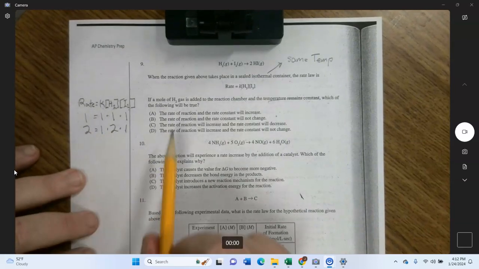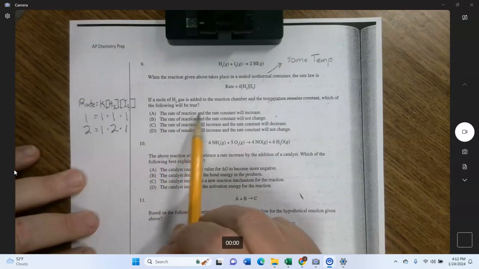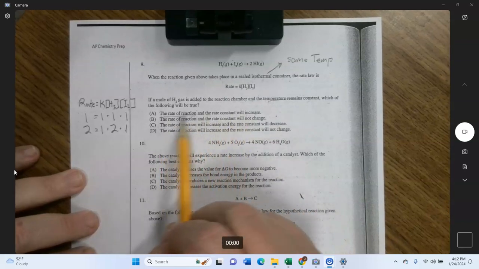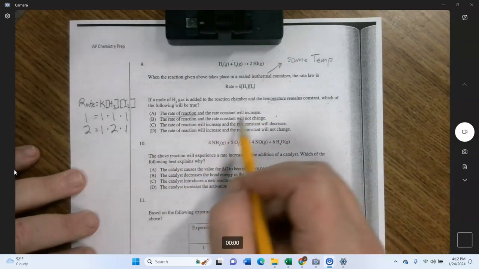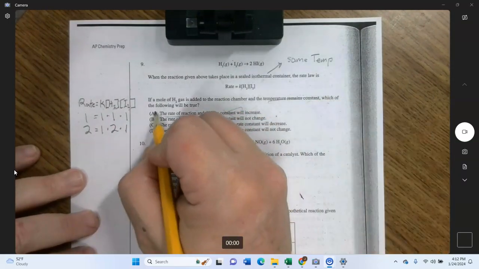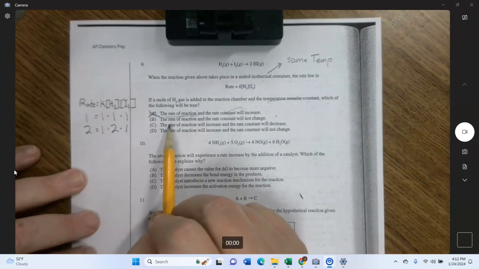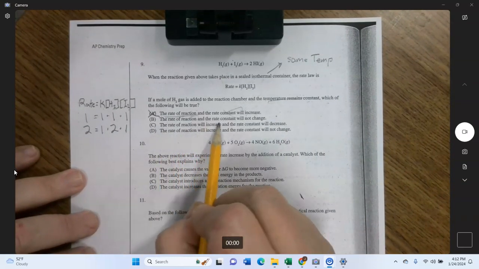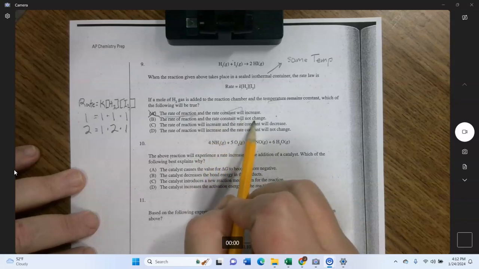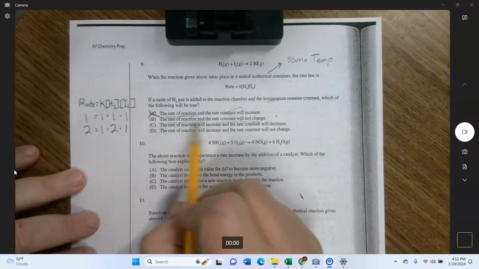So let's see which of these is true. The rate of the reaction and the rate constant will increase. Yes, the rate of the reaction will increase, but not the rate constant. It stays the same. You didn't change the temperature, so you didn't change the rate constant. So that's gone. The rate of the reaction and the rate constant will not change. Well, true, the rate constant will not change, but the rate of the reaction does change.